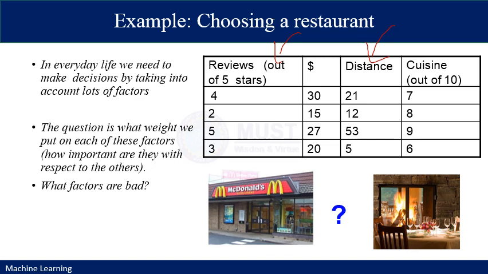But for a machine learning algorithm, you have to choose the factors and weights so that they have a minimal error rate. So you have to find out what factors are bad and what factors contribute towards actually capturing the data.